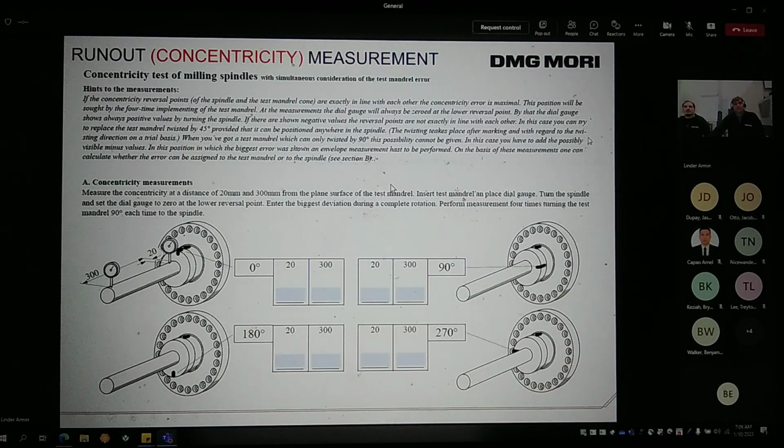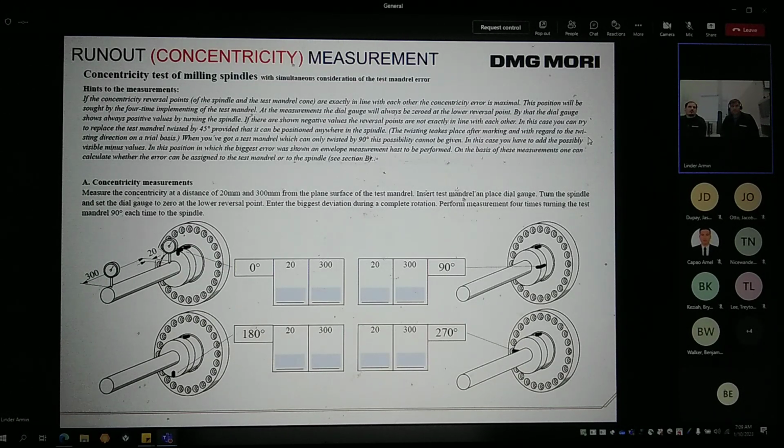Mostly the tolerance is 20 microns runout, but sometimes you have customers with very accurate workpieces, and if you go near to the tolerance border, then we have problems with the kinematic and the failures, and the workpieces will not be in tolerance.